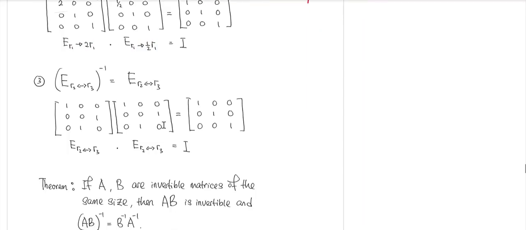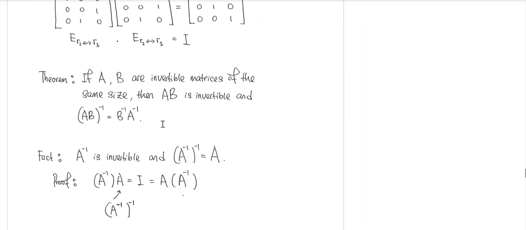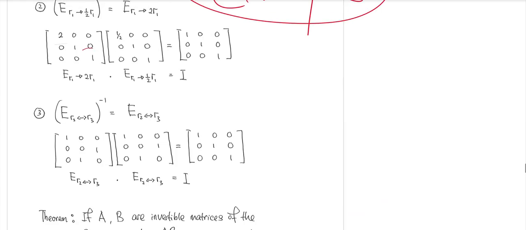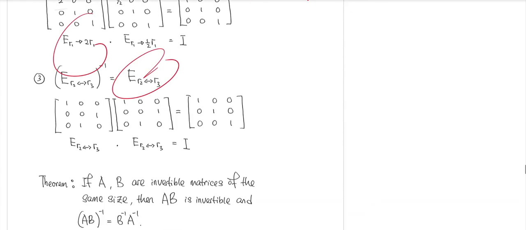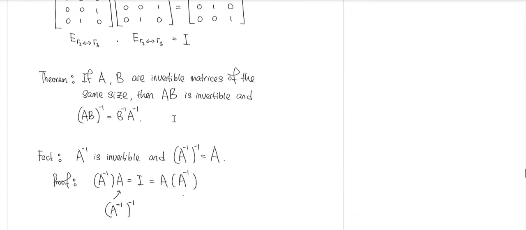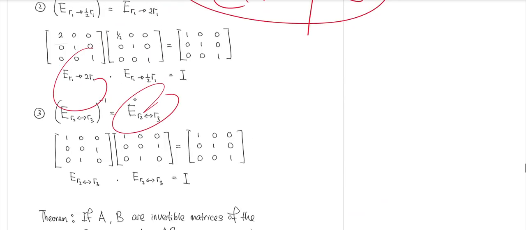Even though this is not a general proof, if it's required, you should be able to prove this. But you don't really have to prove all this in general. I'm assuming that you can see why they are invertible and what the inverse is, just by looking at the row operations, the matrix multiplications using the row pictures.